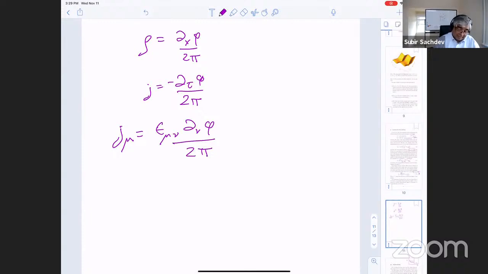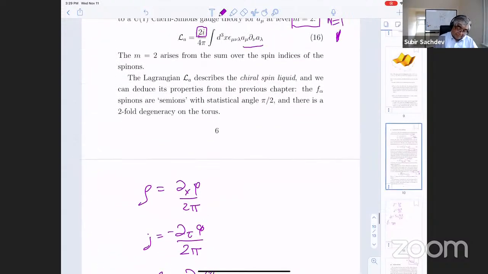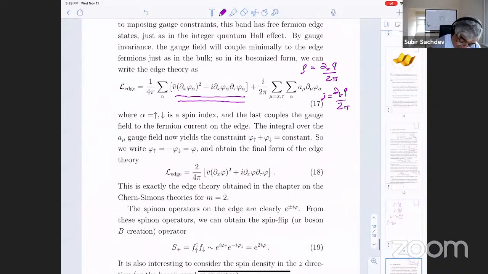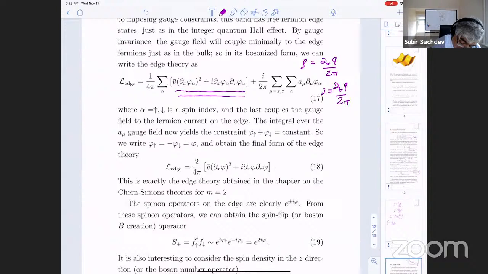That's the current on the boundary. And that couples to A mu times J mu. That's the Lagrangian by gauge invariance. So yeah, I didn't write this correctly here. There's a typo. It should be an epsilon mu nu factor here. I will fix that in the online version, but it doesn't make much of a difference.